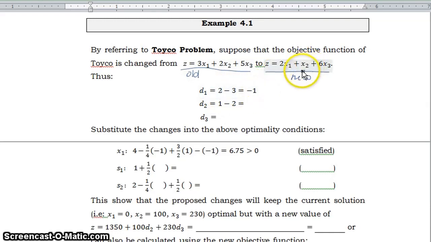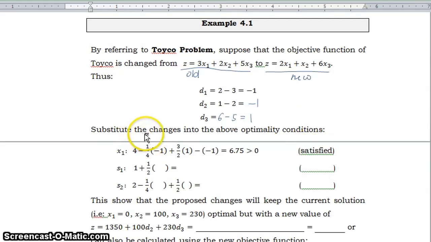Now, for X2, the original revenue of the toy truck is 2 ringgit. Now it's reduced to 1 ringgit. Therefore, D2 is 1 minus 2, we get negative 1. And D3 is equal to 6 minus 5, which equals 1.